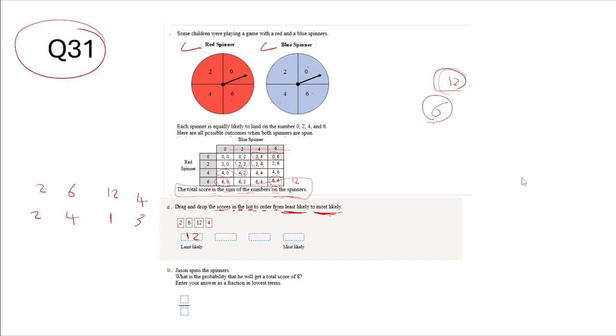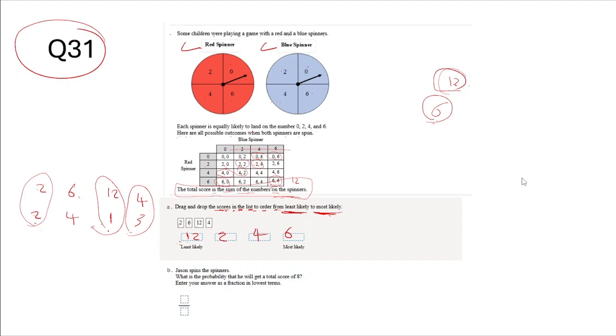So that means the least likely score is 12. After this is 2, which can happen only 2 times. Then 4, which is 3 times, and 6, which is 4 times.